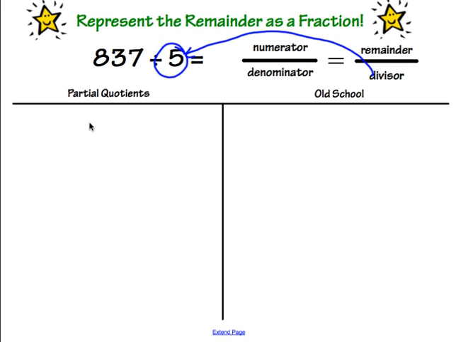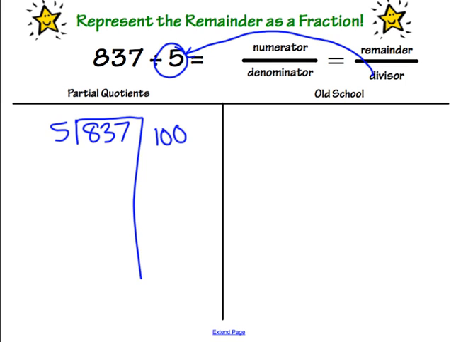So let's try this. We'll start with partial quotients. 837 divided by 5. I'm going to take out 100 groups. That's a nice even number. 100 times 5 is 500. I'm going to take out 50 groups. 50 times 5 is 250.